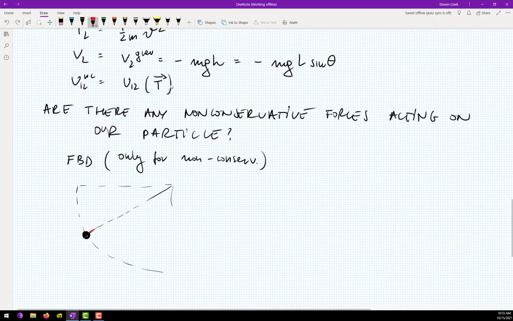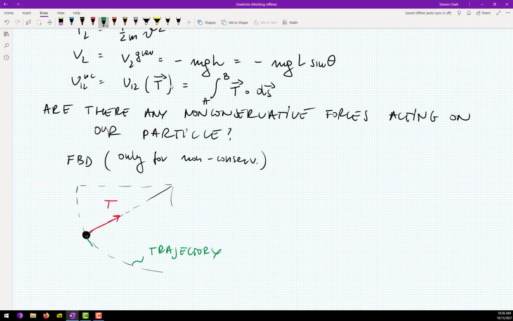What will be the work of that force? Let us write the integral from beginning to the end of T times ds. That was our definition on Wednesday. And this is our trajectory. Do you see already what the answer of that integral will be?